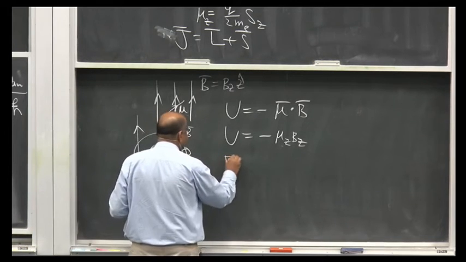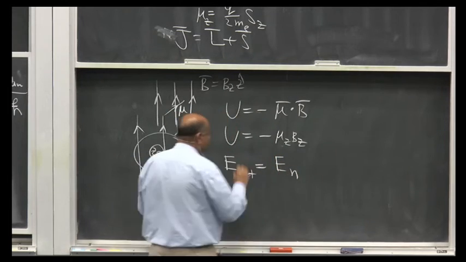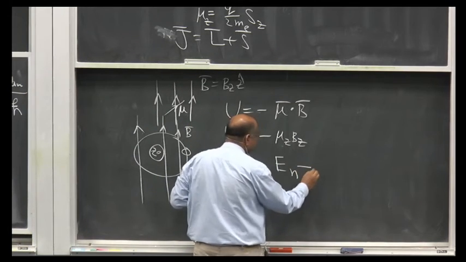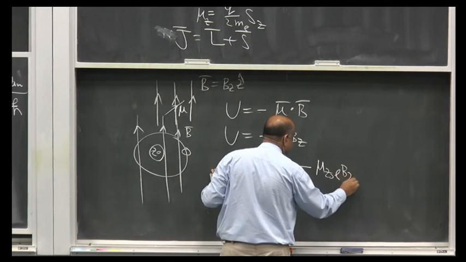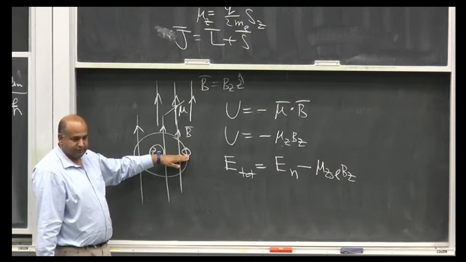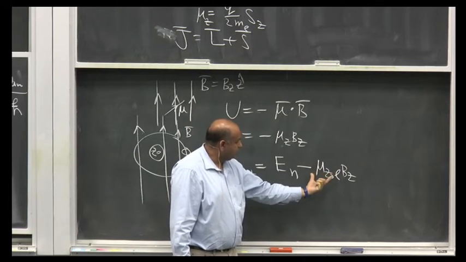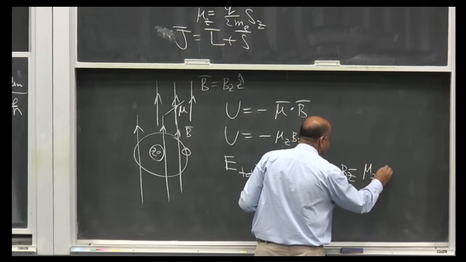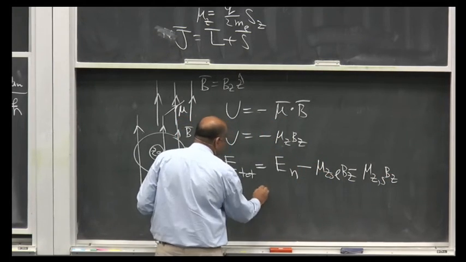The total energy of the hydrogen atom is now the sum of the energy En, which is the energy in the nth shell, plus the energy mu ZL into Bz due to the orbital angular momentum, and then this is the energy due to the spin angular momentum. Or again, I expand a little bit further.